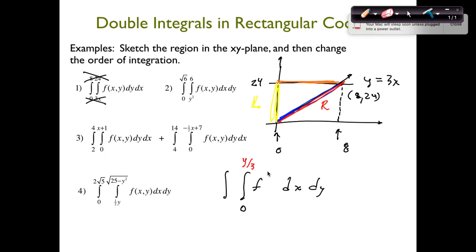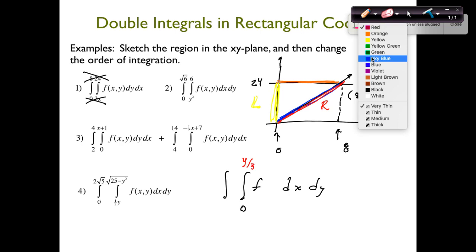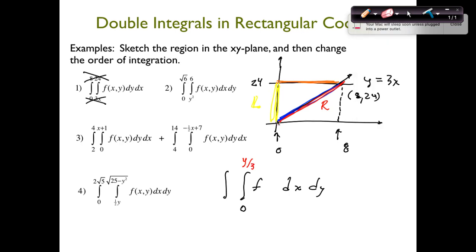And that from? So where does that start? At y equals 0 and finally to 24. Questions?